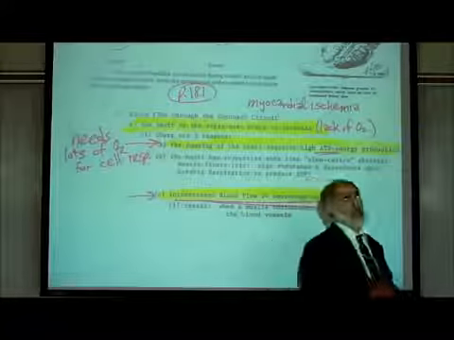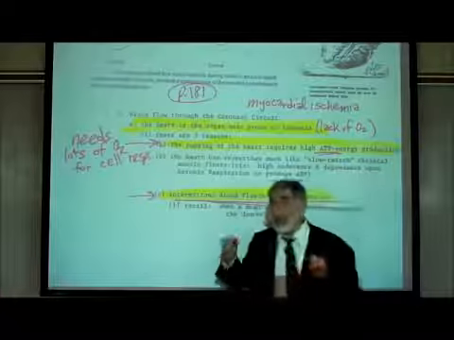I'm only going to explain 2 of the 3 reasons. One of the reasons why the heart, of all the tissues of the body, is most likely to suffer ischemia, not enough oxygen, is that it works really hard. It needs a lot of oxygen to produce lots of ATP.